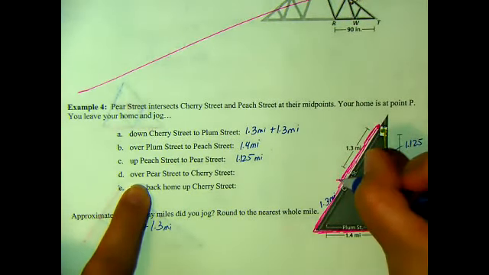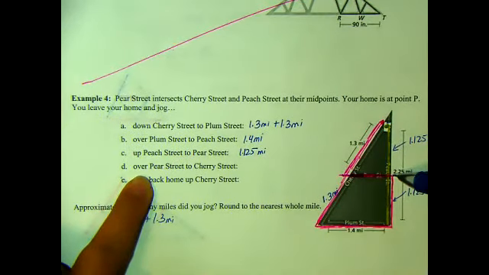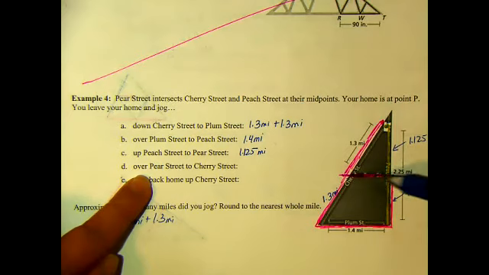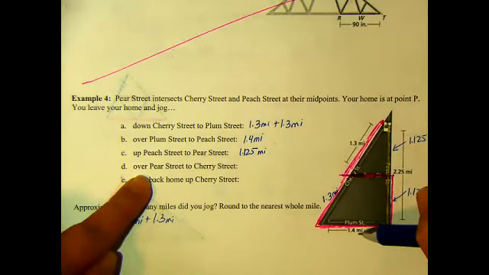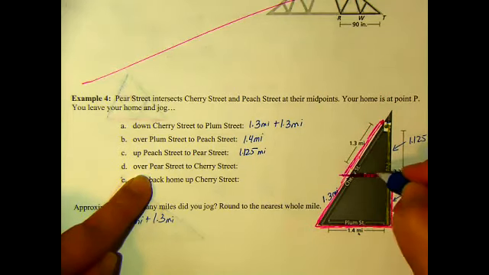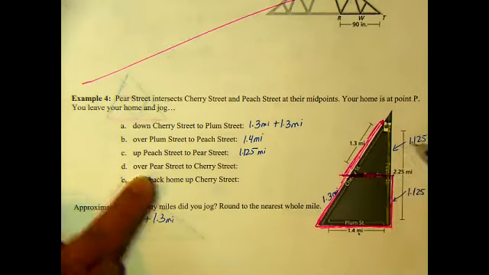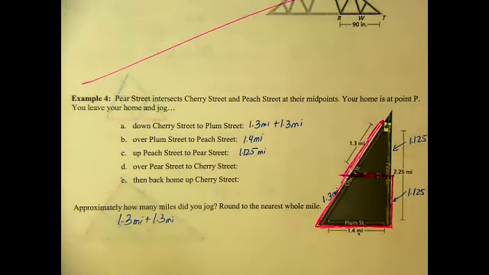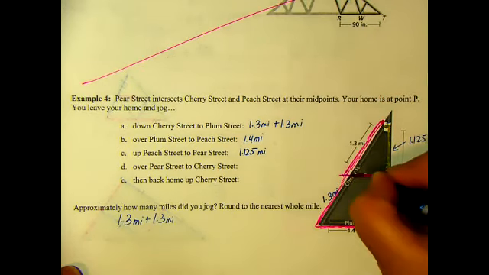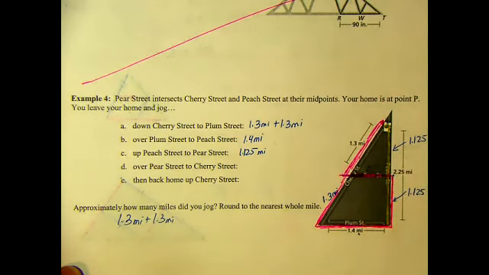Over Pear Street. Oh, look at something we did not calculate, guys. Pear Street is our mid-segment here, and it's going to be half of Plum Street. So half of 1.4 is what? It's going to be 0.7.